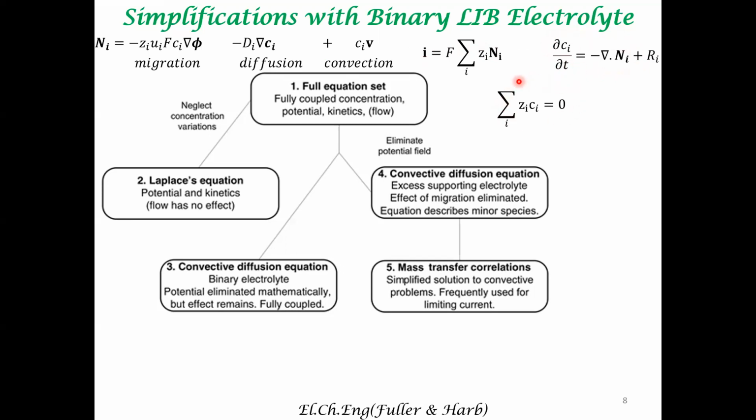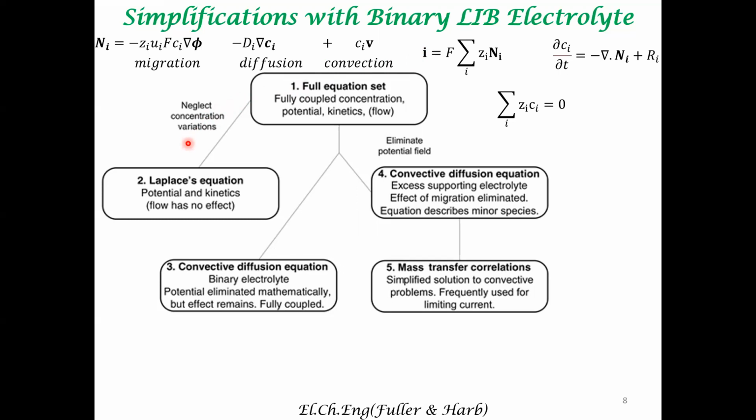And then there was the electroneutrality condition valid in the bulk of the electrolyte. Many of these quantities are coupled, and even though we can formulate the problem with this set of equations, to solve these equations, a variety of approximations need to be used.